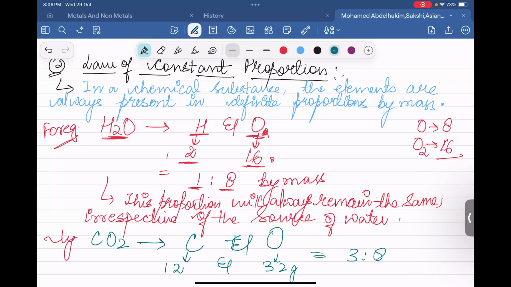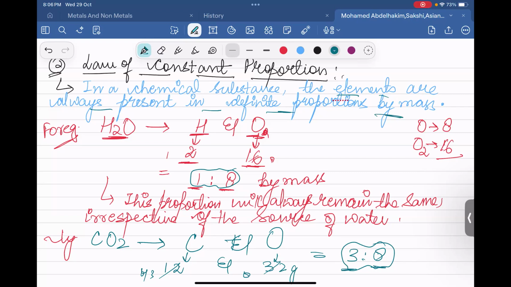It is divisible by 4: 4 threes are 12, 4 eights are 32. So 3 is to 8 will always be fixed, and 1 is to 8 in the water molecule is always fixed. In a chemical substance, the elements are always present in a definite proportion.